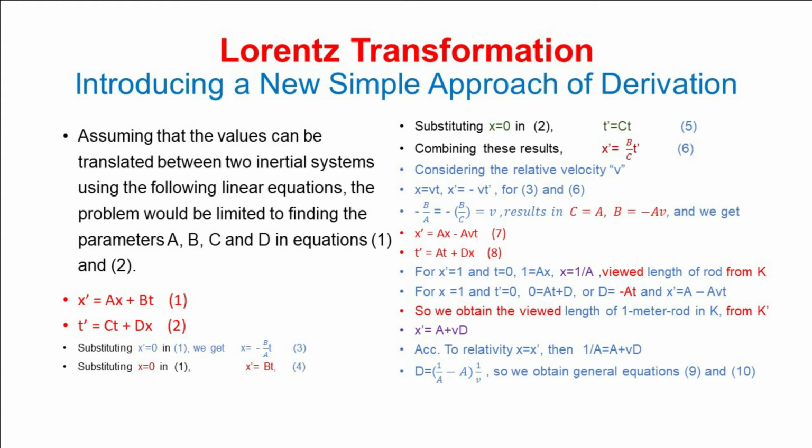According to relativity, x equals x', then 1 over a equals a plus vd, or d equals open parenthesis 1 over a minus a close parenthesis over v, so we obtain general equations 9 and 10.